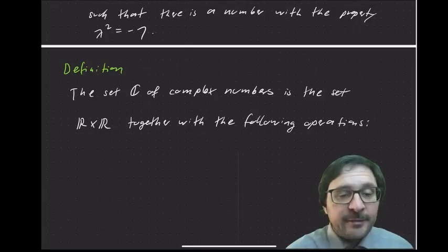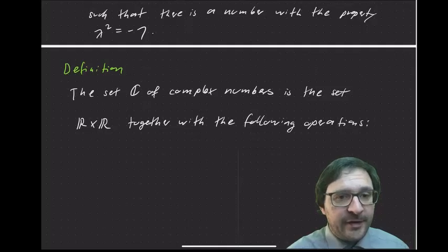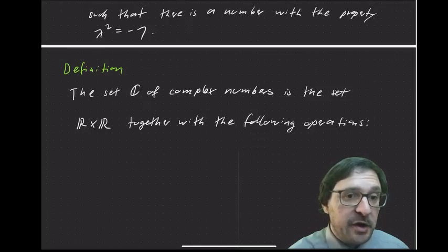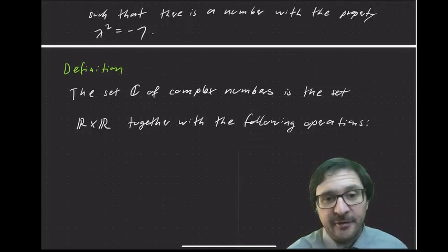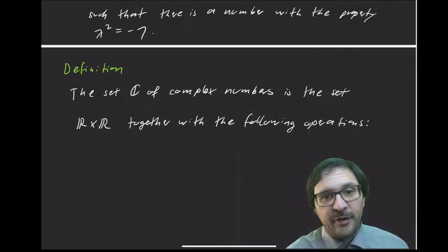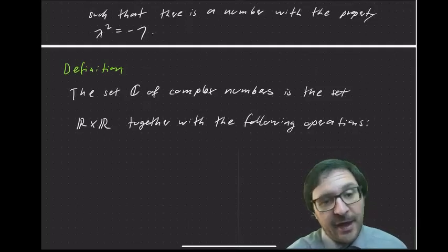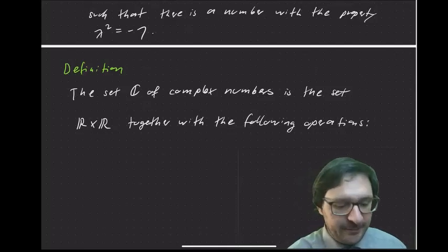So what we do is basically, instead of just taking one real number, we take pairs of real numbers. We will later use the names real part and imaginary part for the first and the second component of those pairs. And now we're going to define an addition and a multiplication on those pairs.